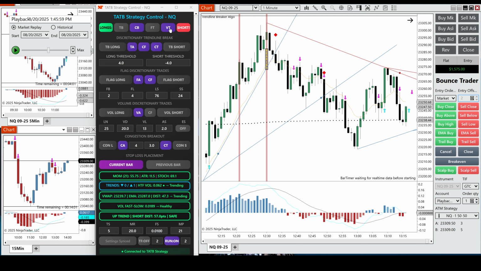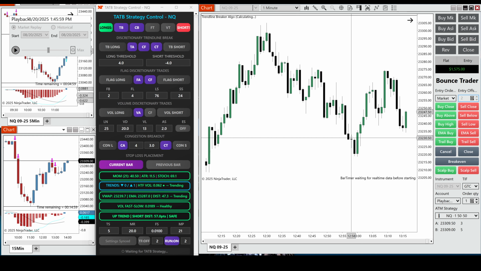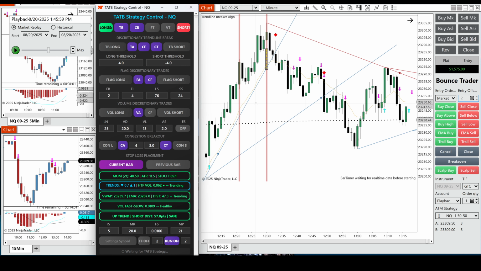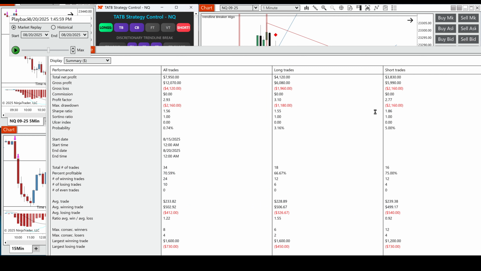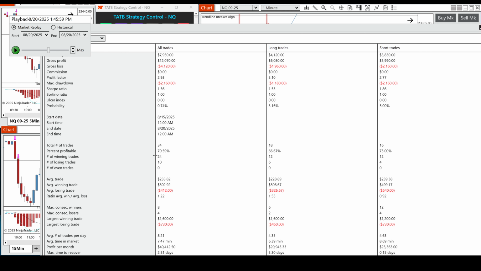But let's say if we deselect this and we use trendline break. Remember, we used to have 60 and 63, but this is twice less for the same amount of money.